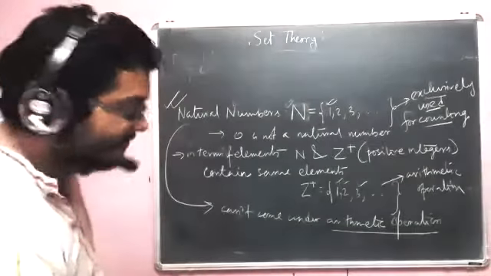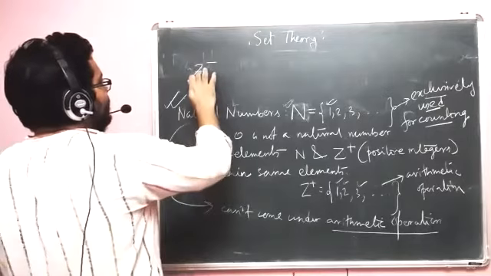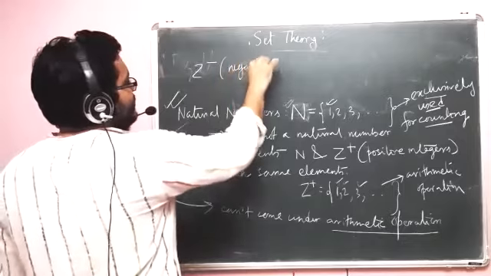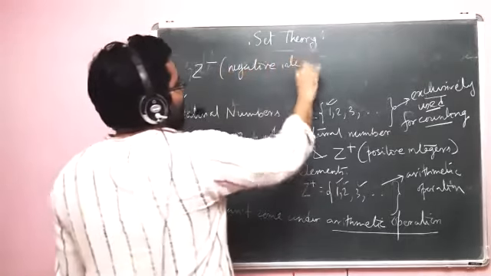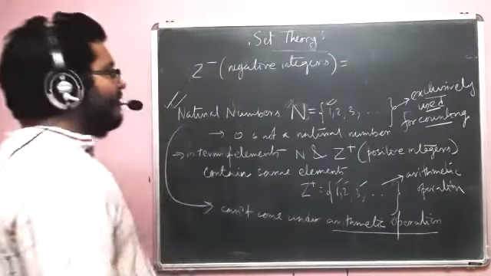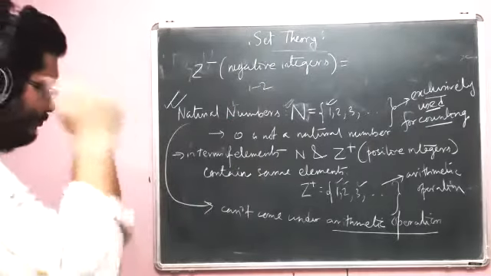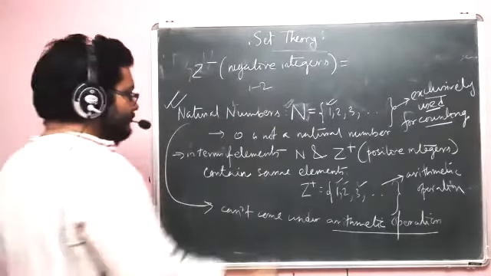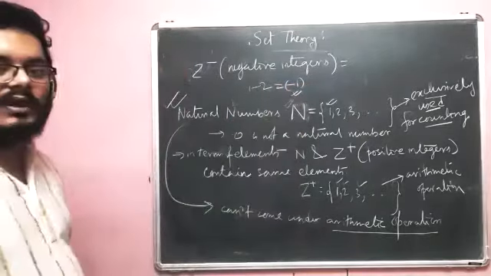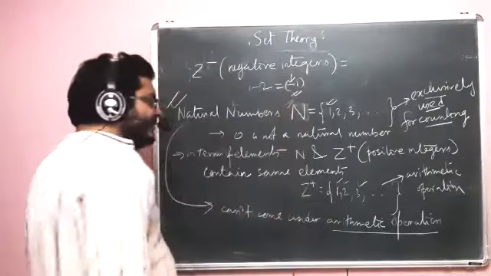Number one is Z minus, which is the set of negative integers, to make sense of the fact that if we subtract 2 from 1, then in this answer, what we have extra is this minus, but this one is also an integer.